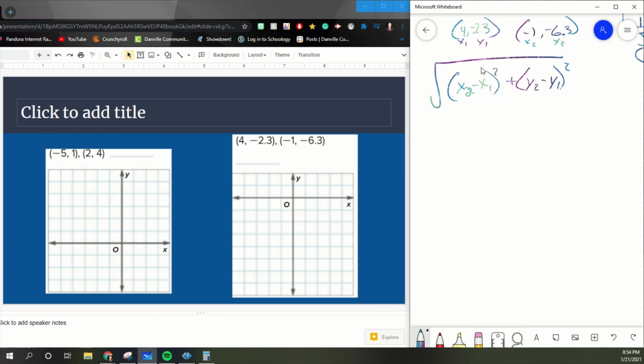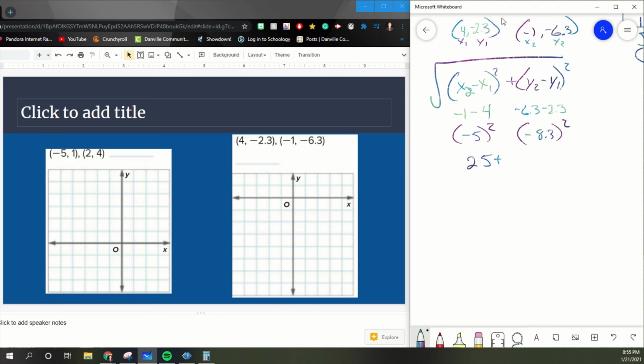So for our first point, we have x2 minus x1. So we have negative 1 minus 4. So we have negative 5 squared, because remember we're inside the parentheses here, it's squared. So I have 25 plus, well, y2 is negative 6.3 minus 2.3, which gives you negative 8.3. You have to square it.